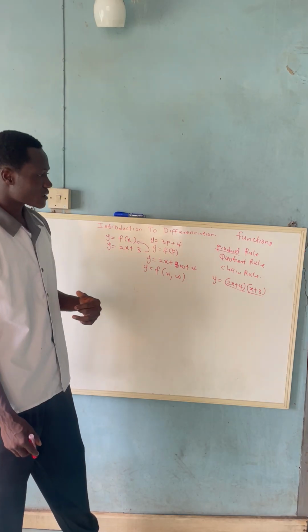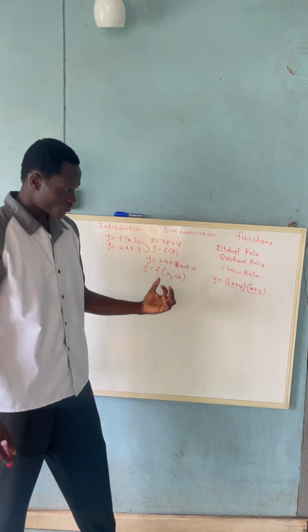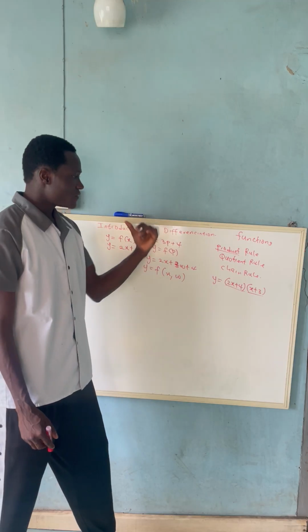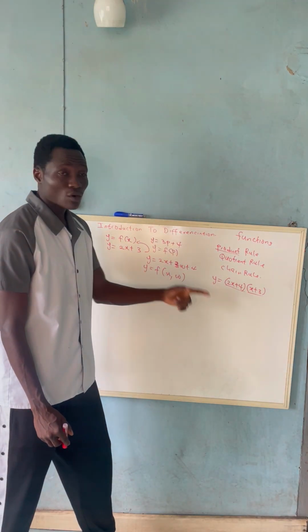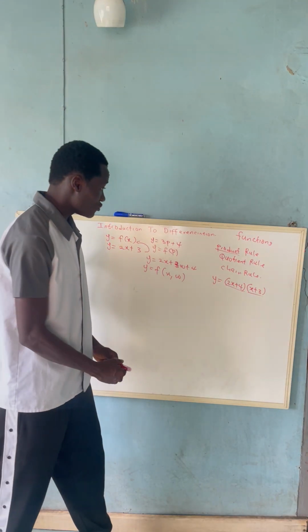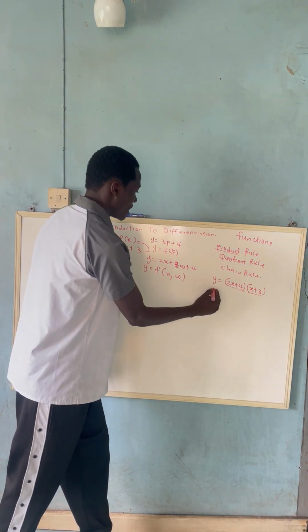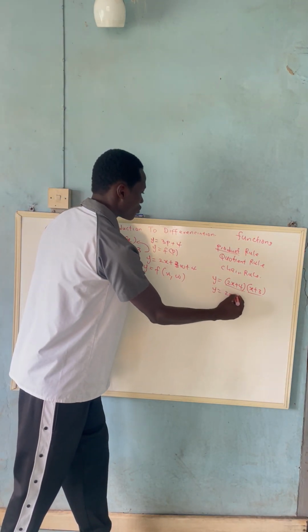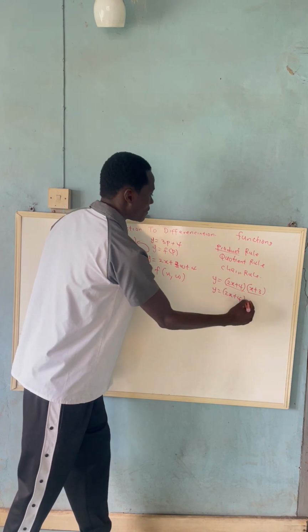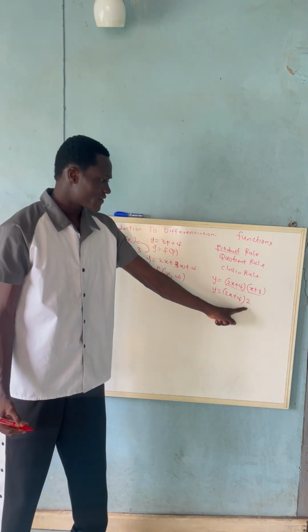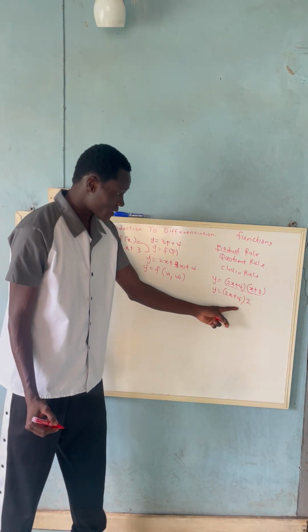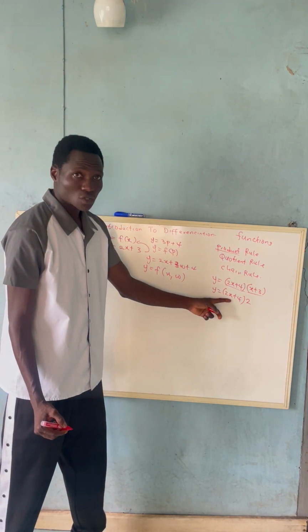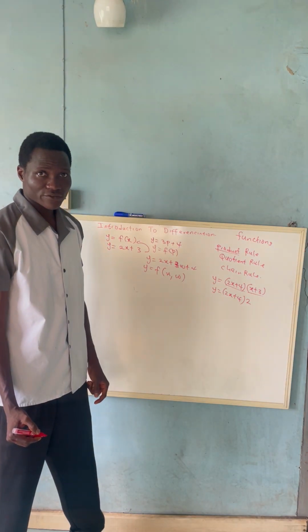The second case is when we have a product of two functions, where one is a function of x and the other might be a constant function. Let me assume I have y is equal to (2x + 4) multiplied by 2. This one does not have x, so we call it a constant function. When a constant function is multiplying another function, we can use the product rule in that case.